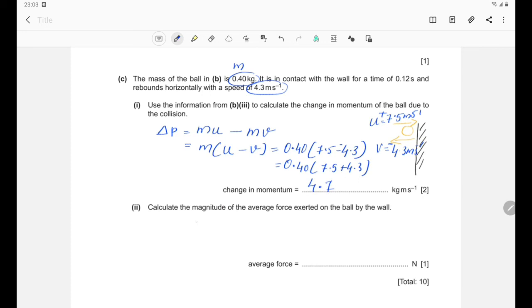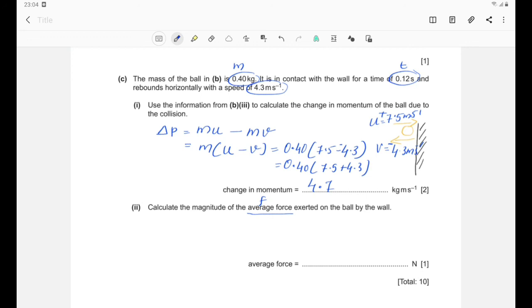Next question, calculate the magnitude of the average force exerted on the ball by the wall. So here you have to find out force. In the previous part, they have also given the time of contact. So we have the change in momentum which you have calculated, time you have, and you need to find force. Which equation relates force, change in momentum and time?